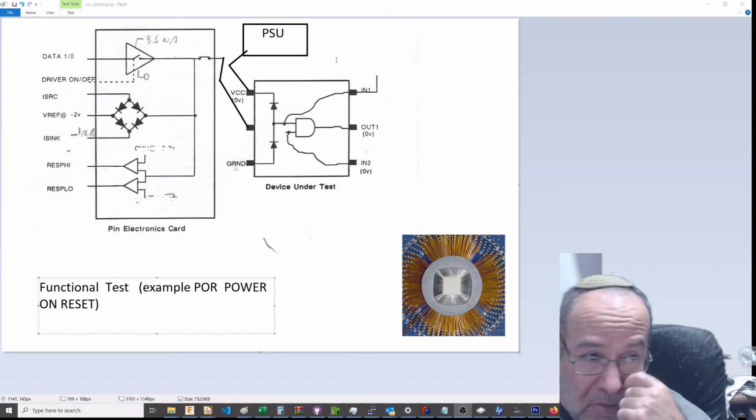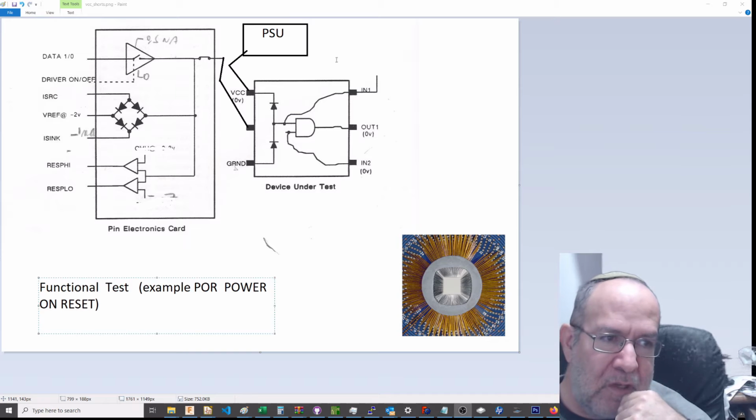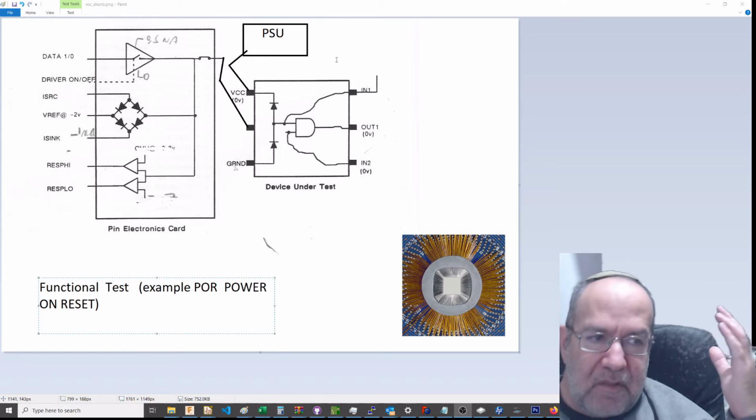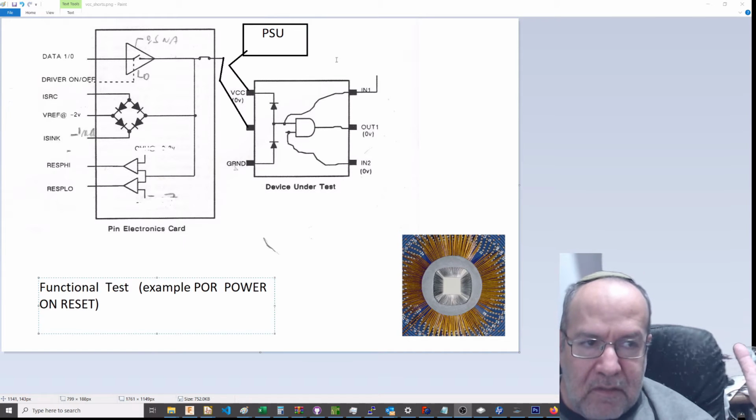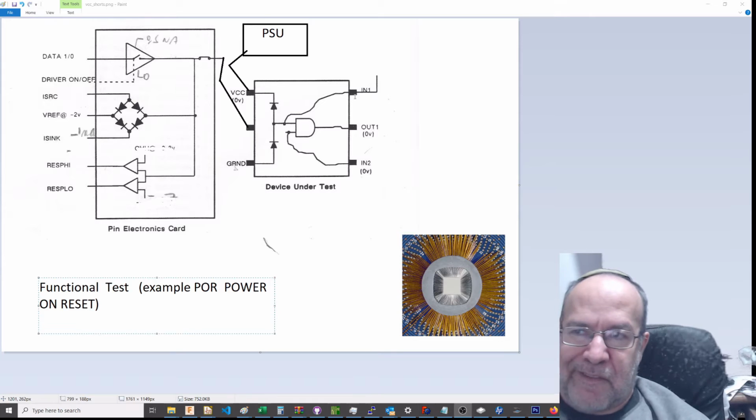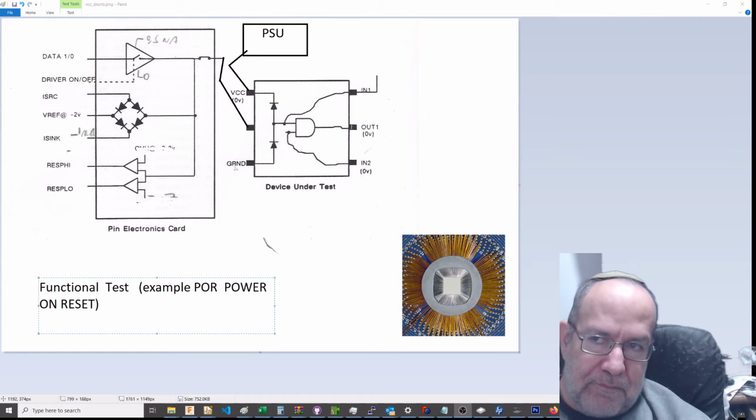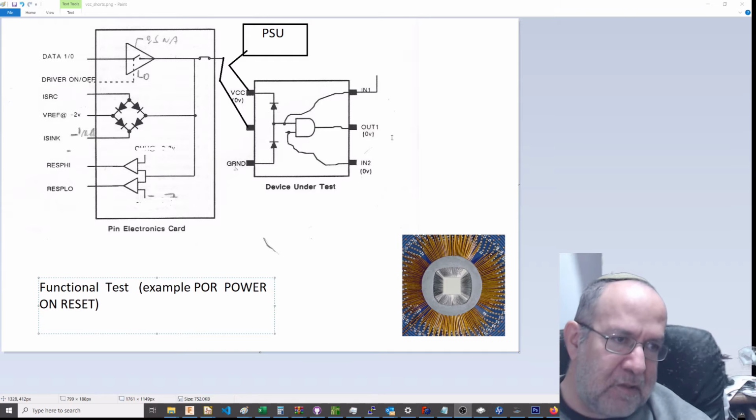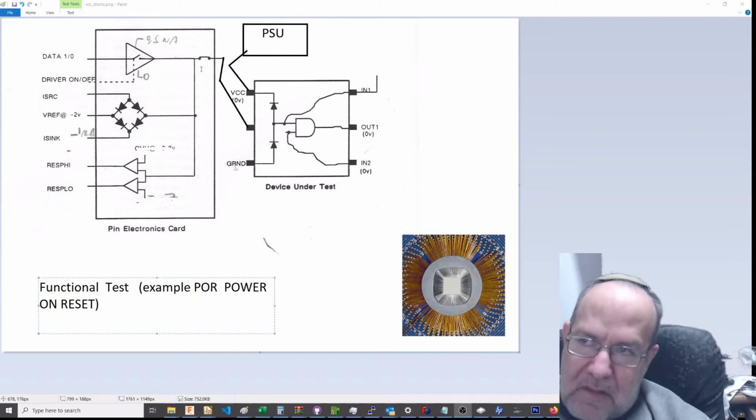To take functional test further, there's something called VOL and VIL. Okay. For example, this output has a parameter. How much current can it sink? How much current can it source? 3.3 volts.